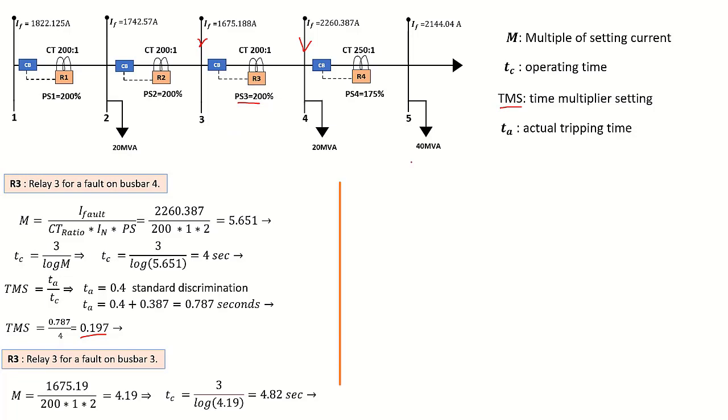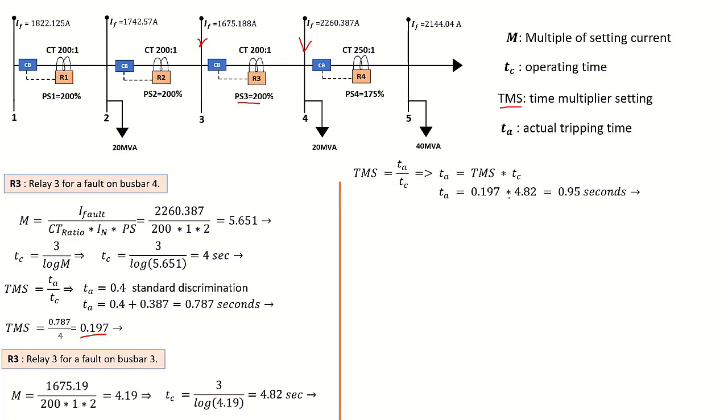So the next thing, since we already determined M, we need to calculate TMS for relay 3 on a fault on busbar 3. That TMS is equal to the same formula, TA divided by TC. Since we already know the TMS of the previous fault, you must follow the procedure: you get the same TMS that you calculated for that same relay for a fault on busbar 4.